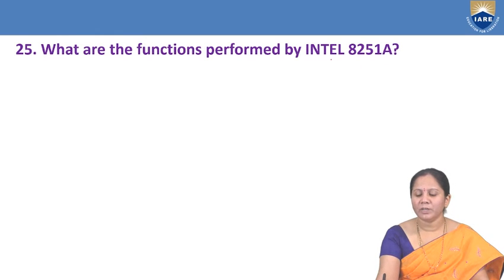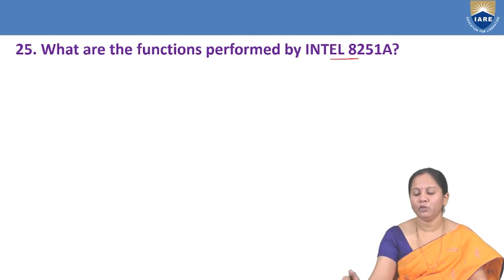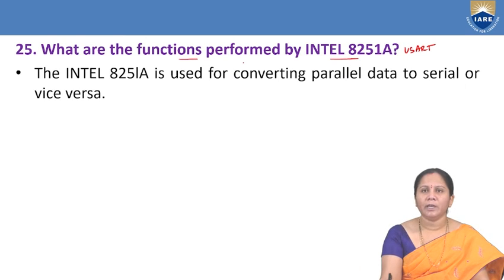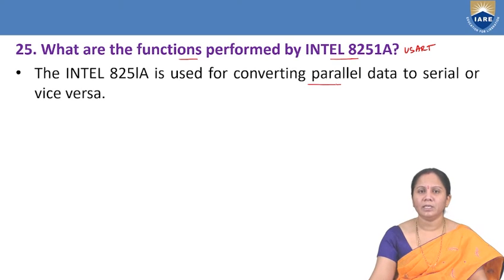Next, what are the functions performed by Intel 8251A? Intel 8251A is a USART, Universal Synchronous Asynchronous Receiver Transmitter. Its function is to convert parallel data to serial data and serial data to parallel data.